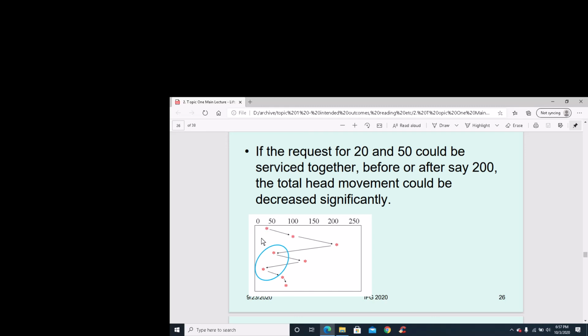Wouldn't it be an idea perhaps to go here, then go here, because after all, travelling from 40 to 20 involves a journey of 20, crossing 20 tracks, and then visit and deal with this request, which involves crossing to track 50, which involves a journey of 30, and then maybe go to this, it involves a journey of 70.